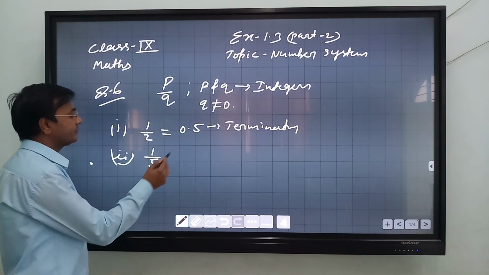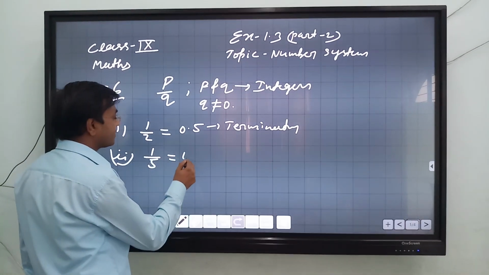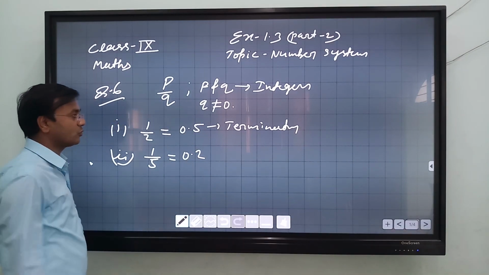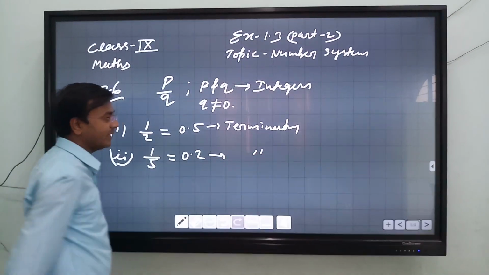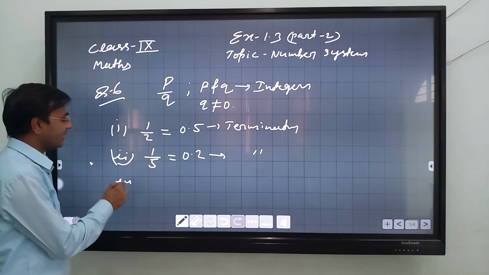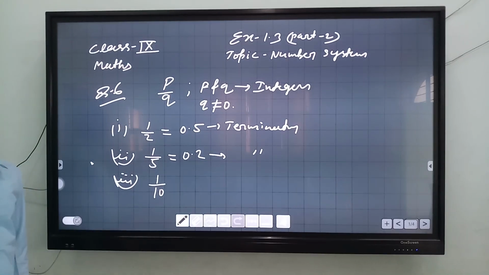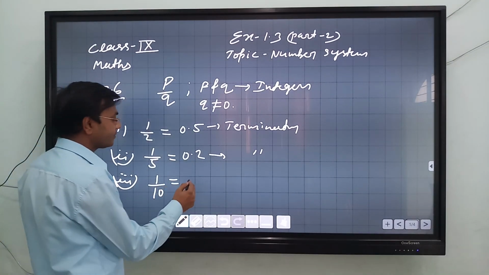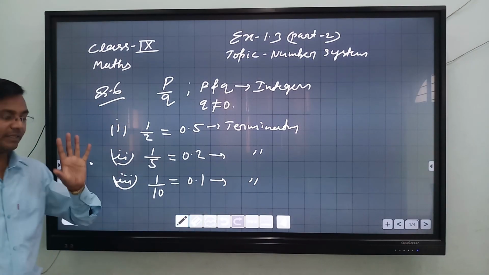Next, I am taking 1 by 5. So divide this, point, then 2. This is also a terminating decimal. Next, third example, 1 by 10. So what I will get? 0.1, again terminating.